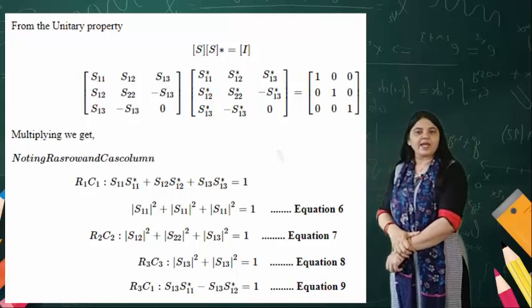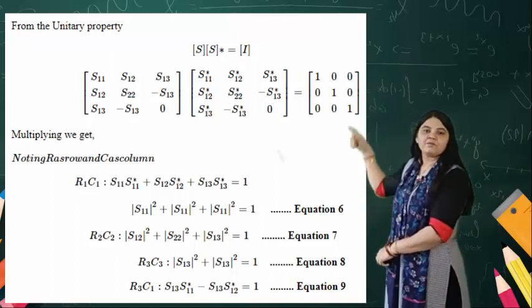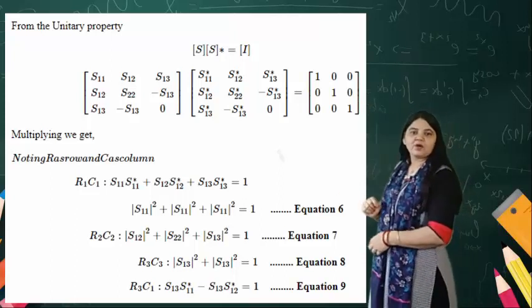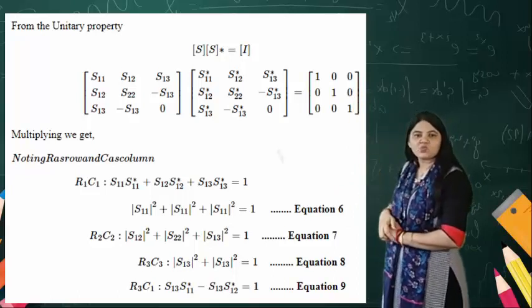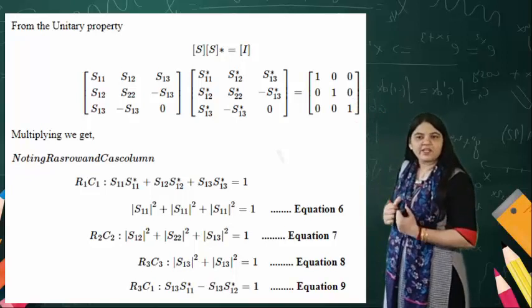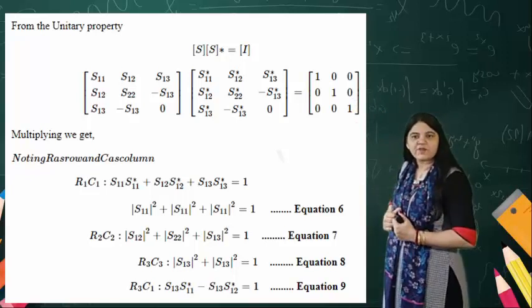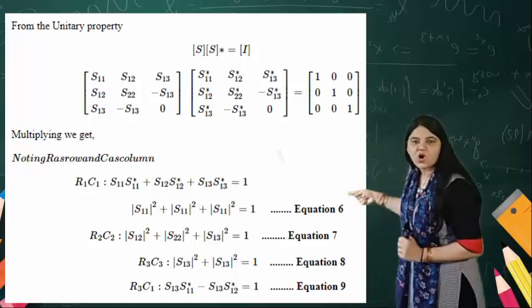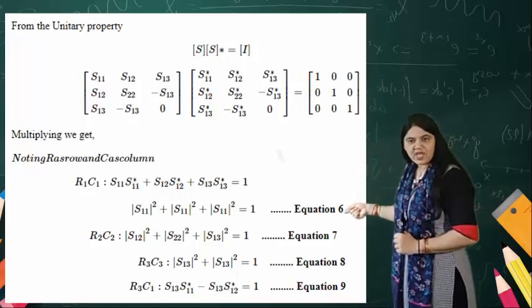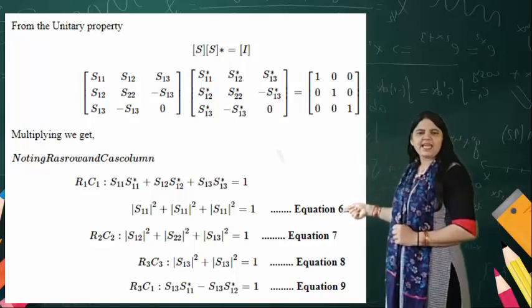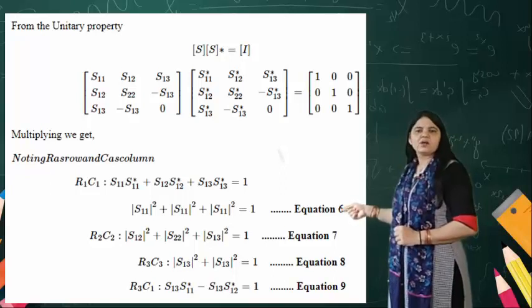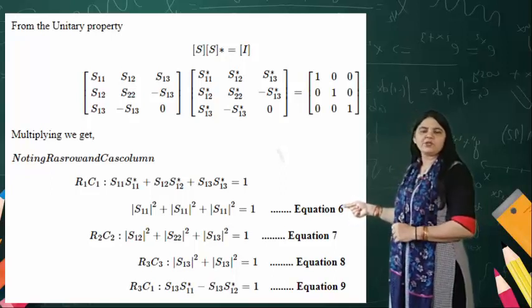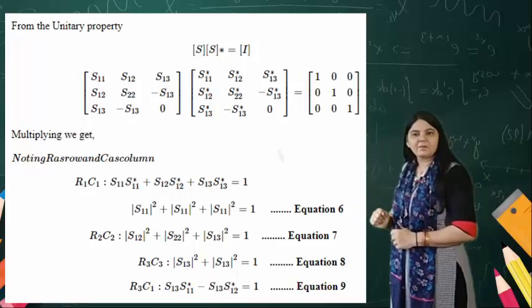R1 means S11, C1 is the complex conjugate of S11. So S11 into the complex conjugate of S11 is the modulus of S11 squared. Similarly, S12 into S12 star. If you compare that with the other off-diagonal element, it is 0.